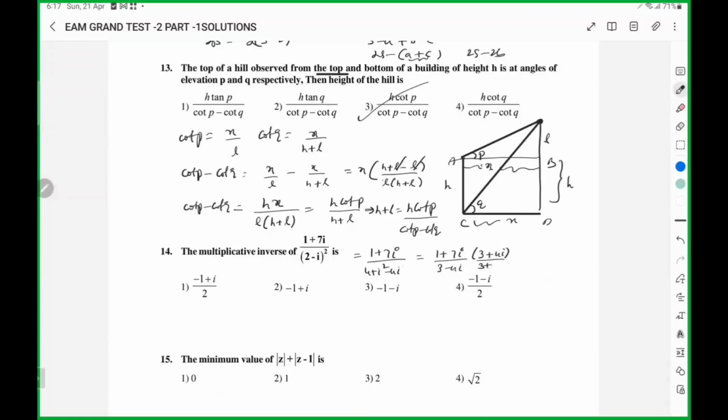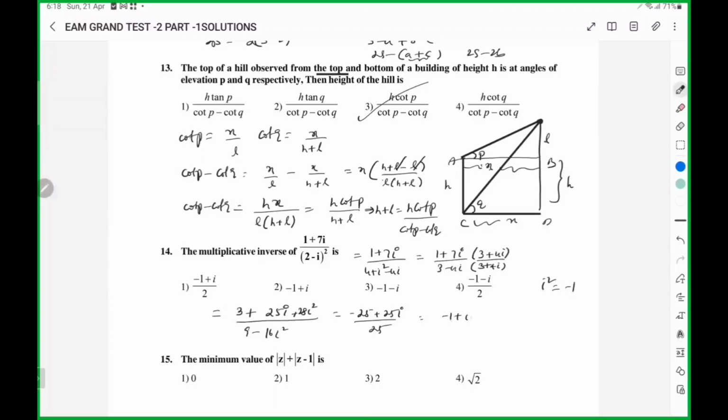Rationalizing with 3 plus 4i, we get 3 plus 4i plus 21i plus 28i square, over 9 minus 16i square, which is minus 25 plus 25i by 25, because i square is minus 1.